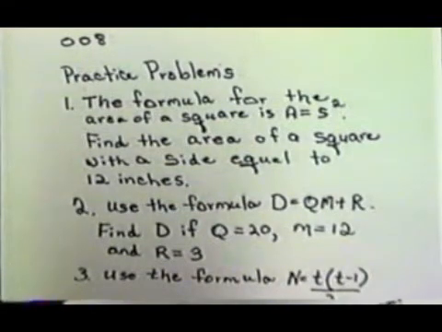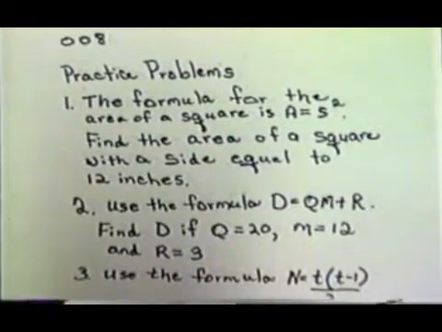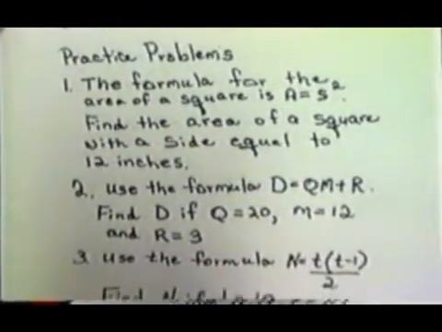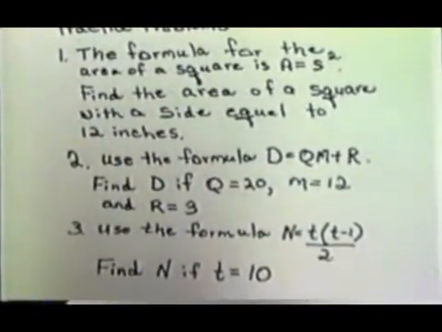The second problem is use the formula D equals QM plus R. Find D if Q is 20, M is 12, and R is 3. Now the third one is hard for you to see, so let's move this up a little bit.